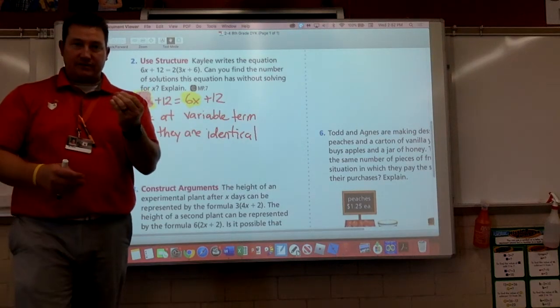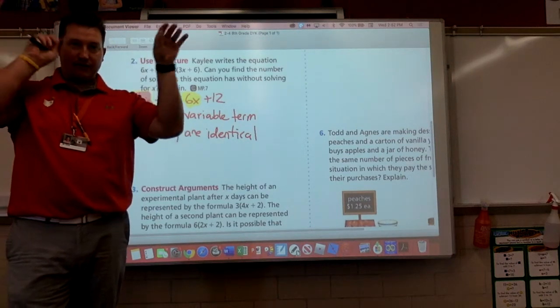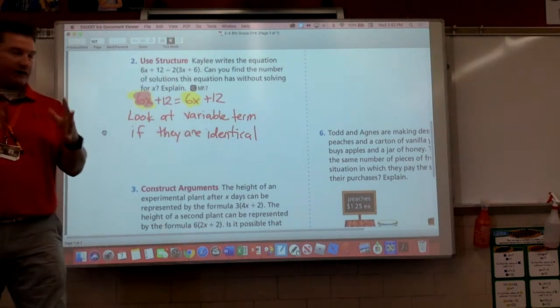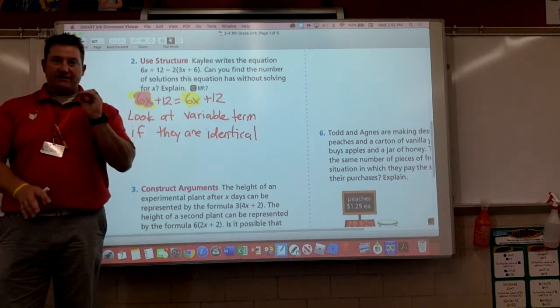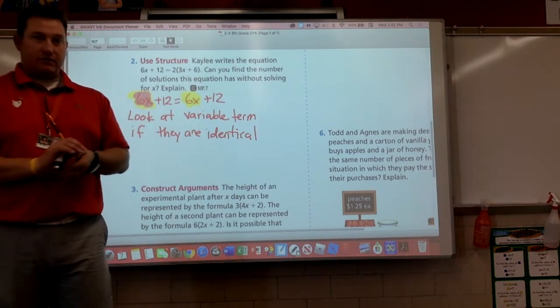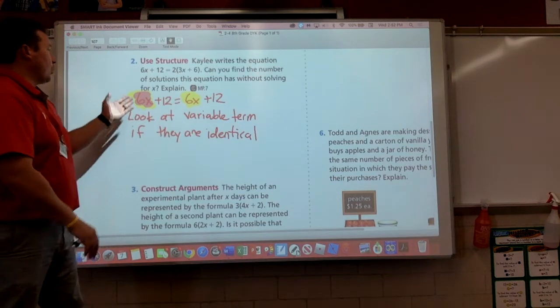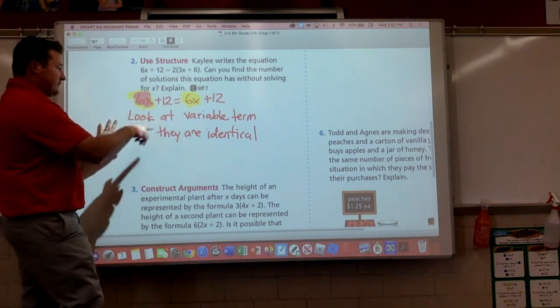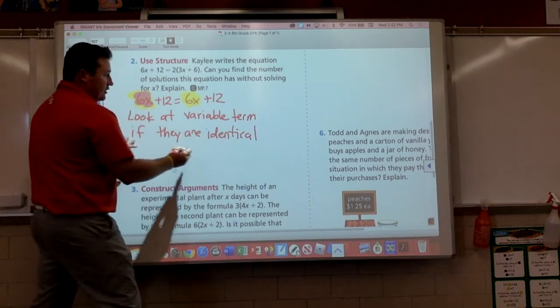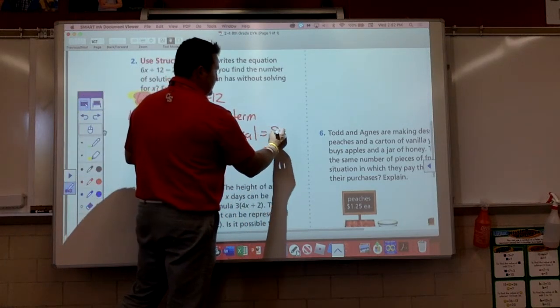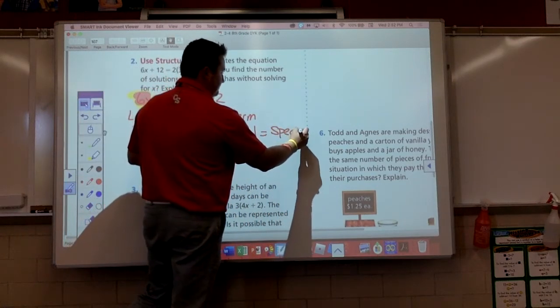When this happens, lights and sirens and horns should be going off in your head. A special case equation is about to happen. I love these. So look at the variable term. If they are identical, this means special case.